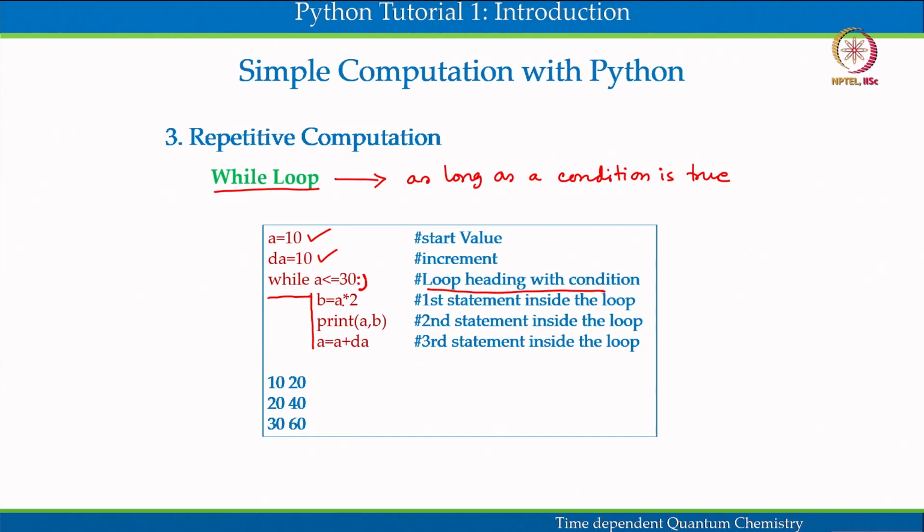There are a number of Boolean true-false kind of operators we have in Python. For example, this one indicates less than or equal to. This indicates equal to. Then this indicates not equal to.